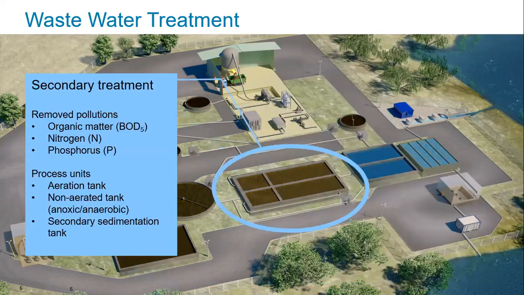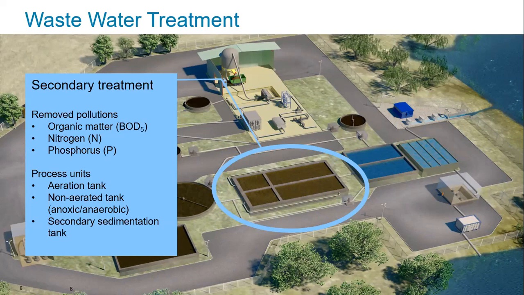Following primary treatment, we move to secondary treatment. So in secondary treatment, we're using technologies such as aeration lanes, ASPs, oxidation ditches, sequencing batch reactors, and other processes.